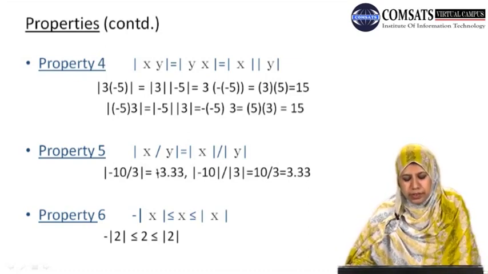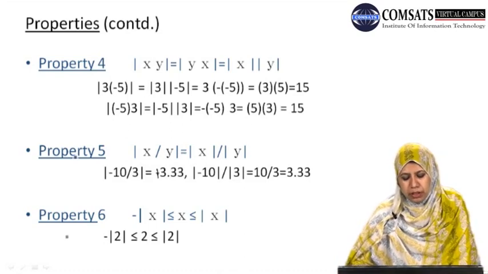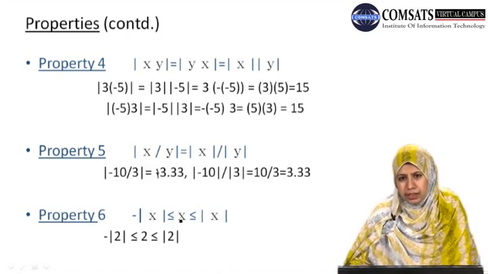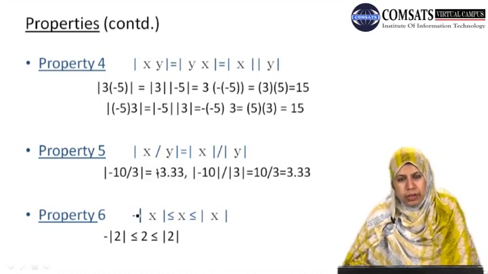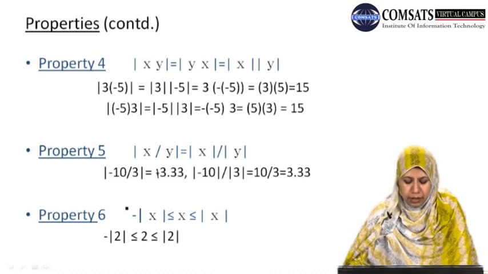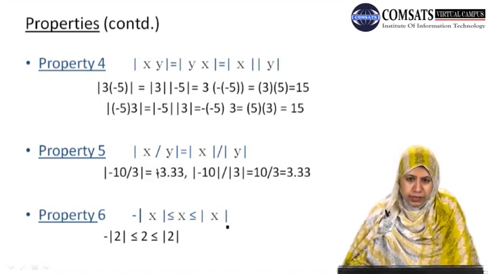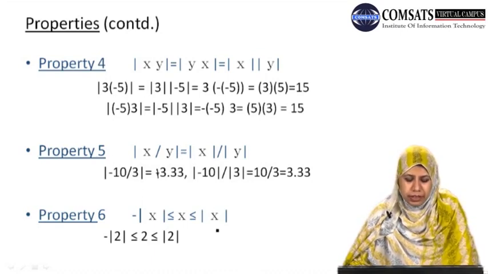Okay. The sixth property says that a number is always less than or equal to its absolute value, that is, the number is always less than or equal to its distance from the origin, and the negative of the absolute value is less than or equal to that number. Here we use a double non-strict inequality.